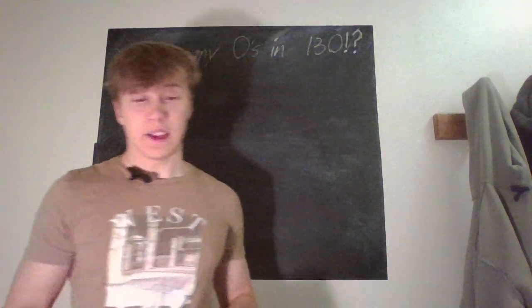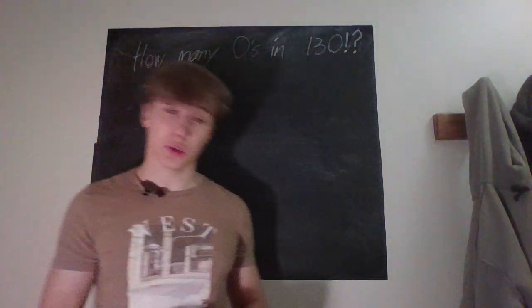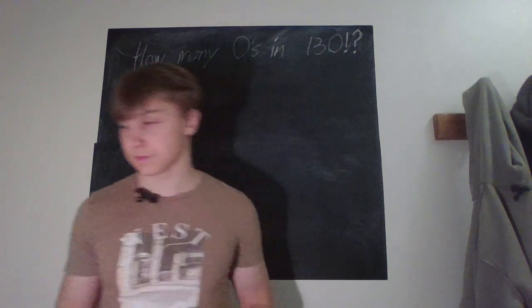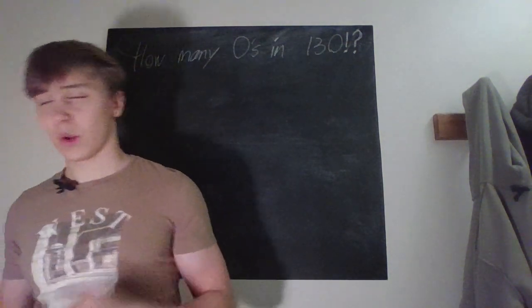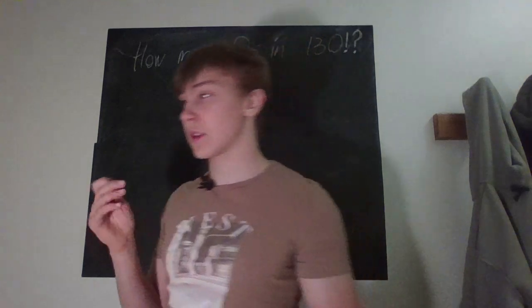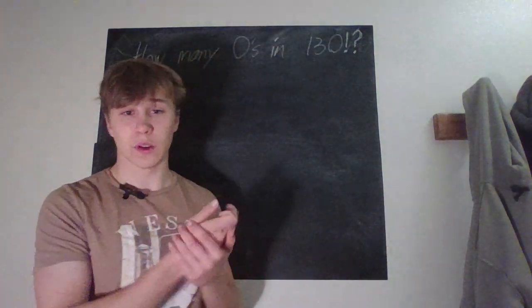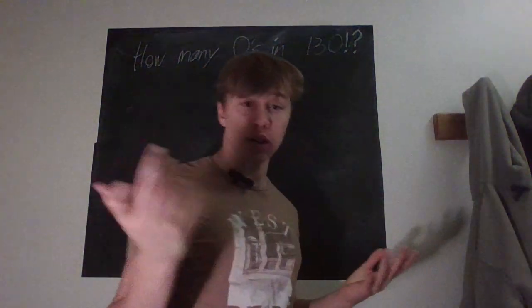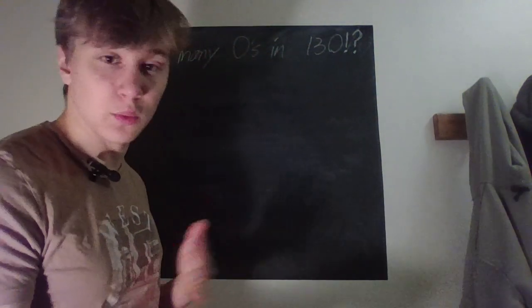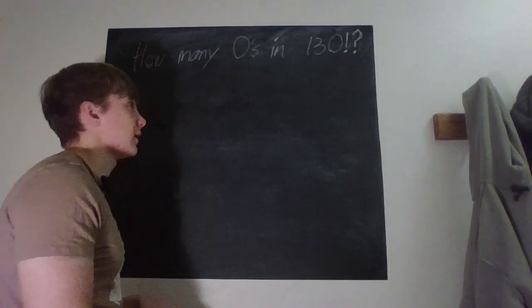A 10 is a 5 and 2. 5 times 2 is 10. So what are we really looking for here? We are looking for all the ways we can match up a 2 and a 5 such that we get a times 10, which then yields a 0 at the end.